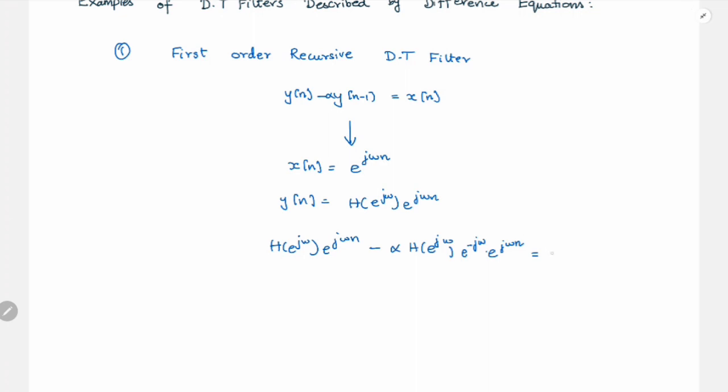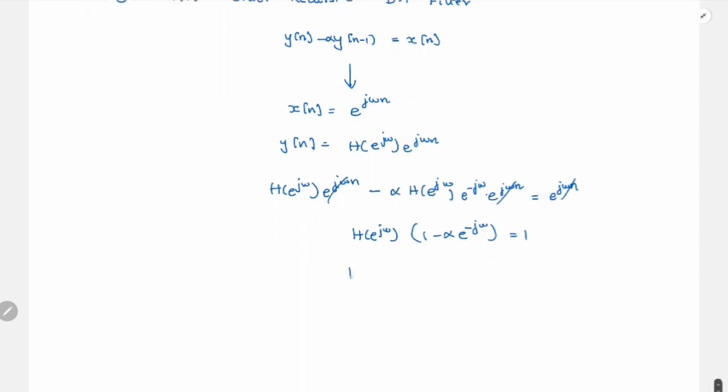And my x of n is nothing but e power j omega n. So if I simplify, what will I get? My e power j omega n will cancel, and my h of e power j omega n into 1 minus alpha e power minus j omega is equal to 1. So my h of e power j omega is going to be equal to 1 by 1 minus alpha e power minus j omega.